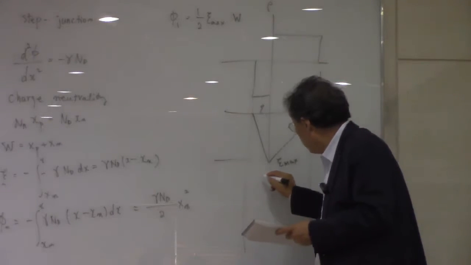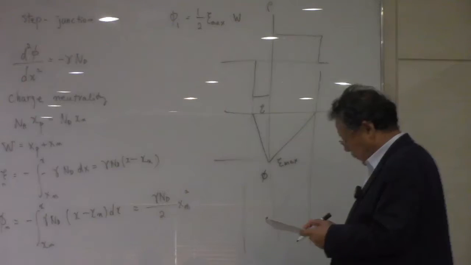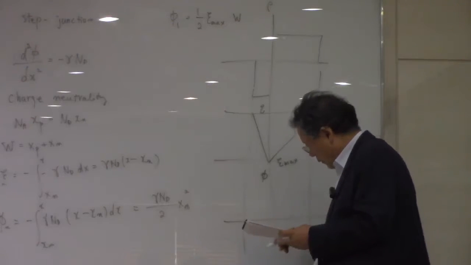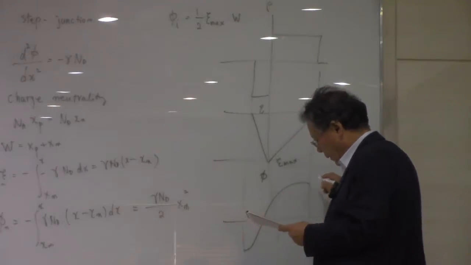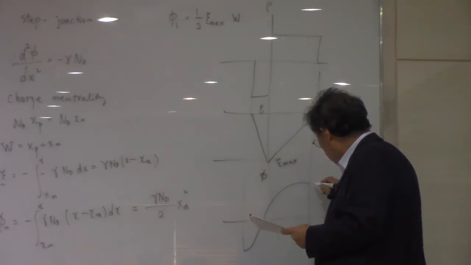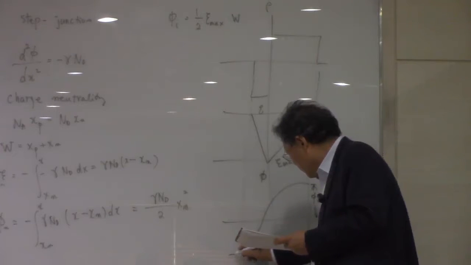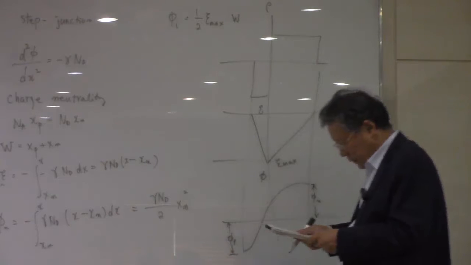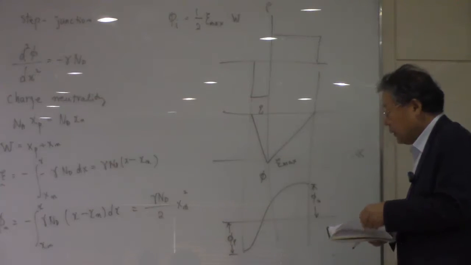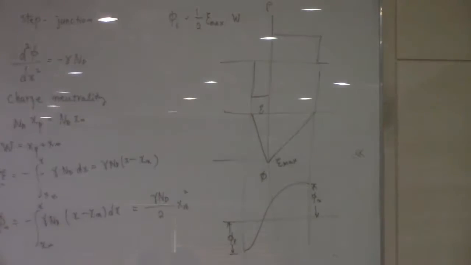And if you plot phi, okay, then you have a change in phi, like this is phi n, and this is going to be phi p. Something like this.